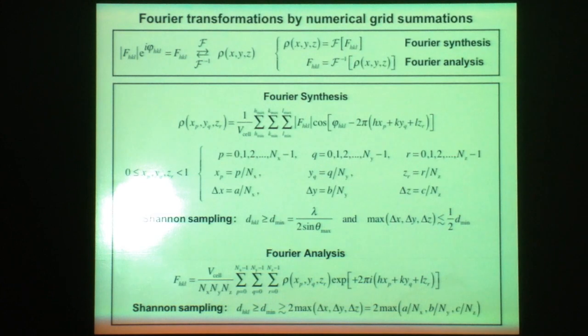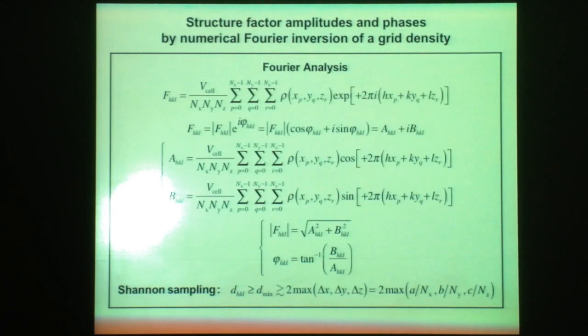And we said we observe the dictum of the Shannon sampling criterion, that there's no point in us calculating more electron density points than are dictated by the Shannon condition, that the minimum d-spacing sets a limit. We don't need to go to higher and higher HKLs to get smaller and smaller d-spacings, and vice versa when we come to calculating structure factors from a given density, as indicated here.